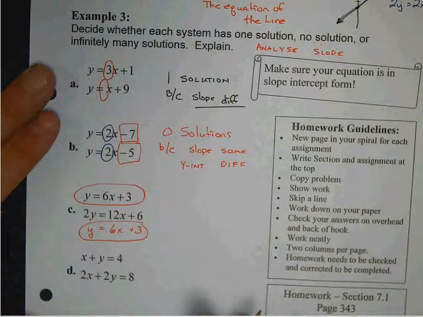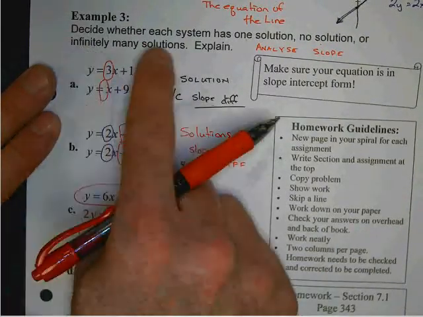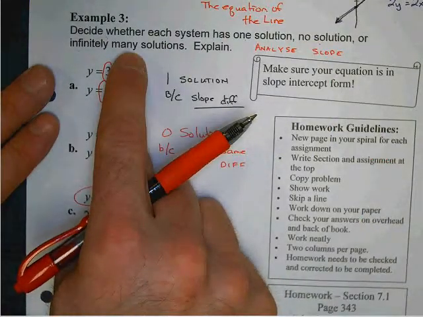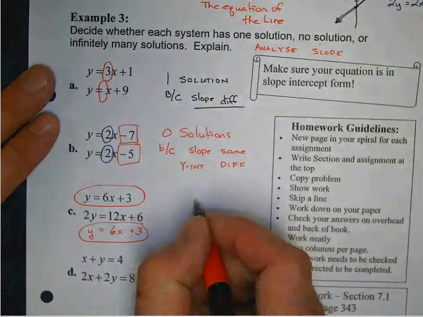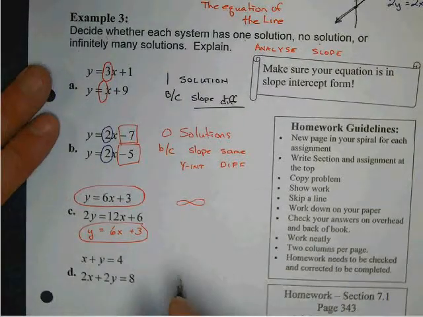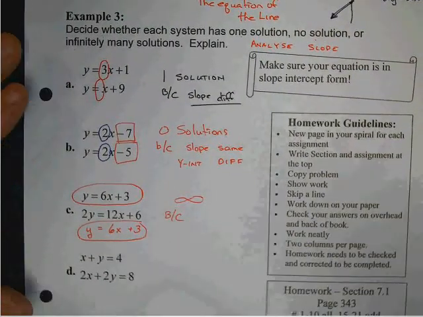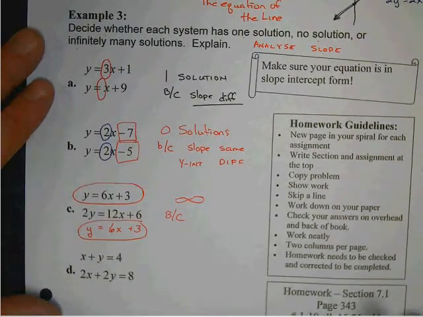True? So let's answer the question. Decide whether each system has 1, none, or infinitely many. Infinitely many. Why? Give me your because. Kyle, you're good at explaining things. Go ahead. Okay.